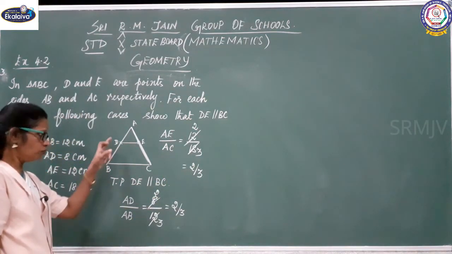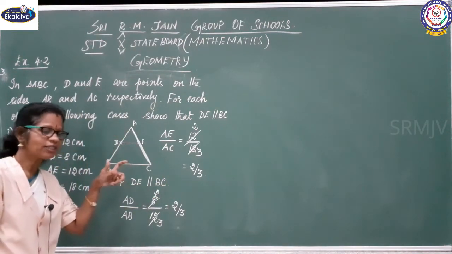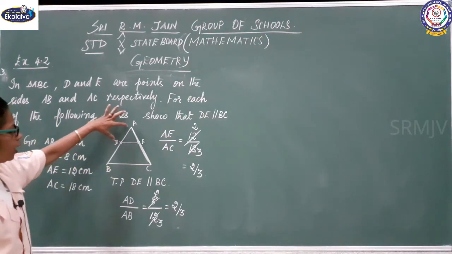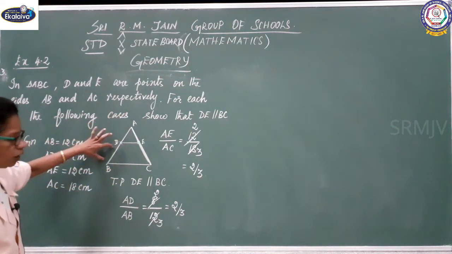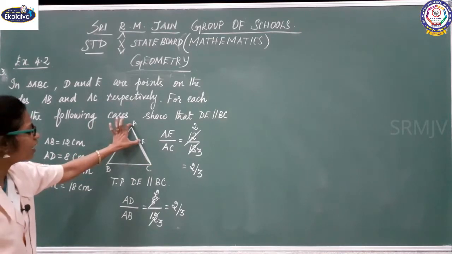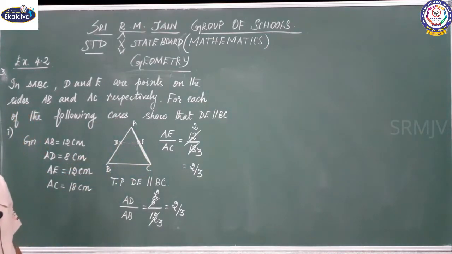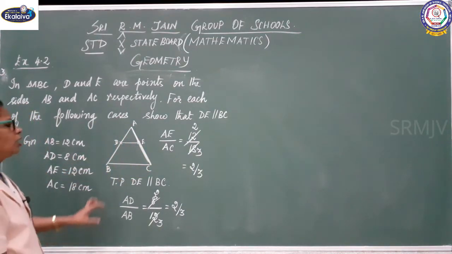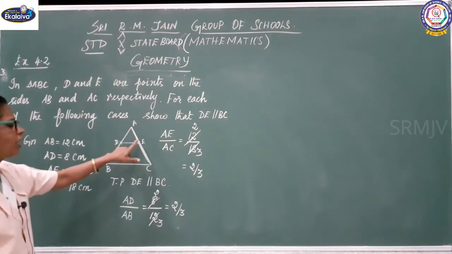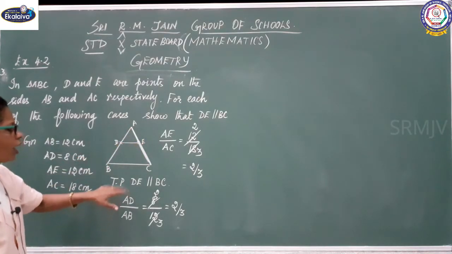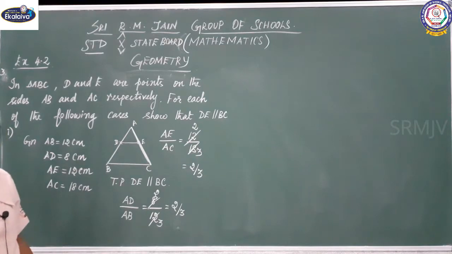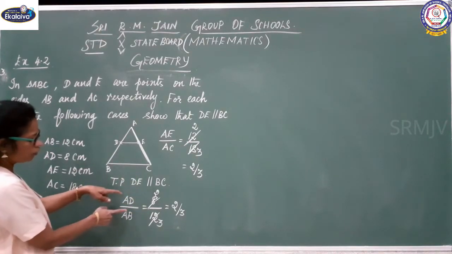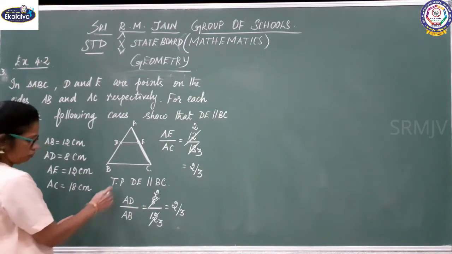Right? What does our BPT say? If the line is parallel, AD by DB equal to AE by EC. Here what is given as AE? AE is 12, AC is 18. Right? We arrived at 2 by 3.